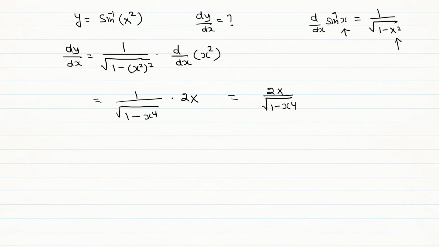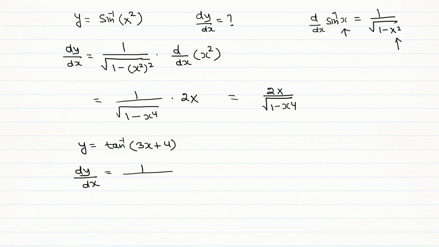Another question is, suppose y is equal to tan inverse of 3x plus 4. Very similar, 3x plus 4. So again, this is not in the standard form, so we will be using the chain rule again to find the total derivative. So dy by dx is equal to, now look at it from the outside, tan inverse x, and the derivative of tan inverse x is 1 upon 1 plus x square.